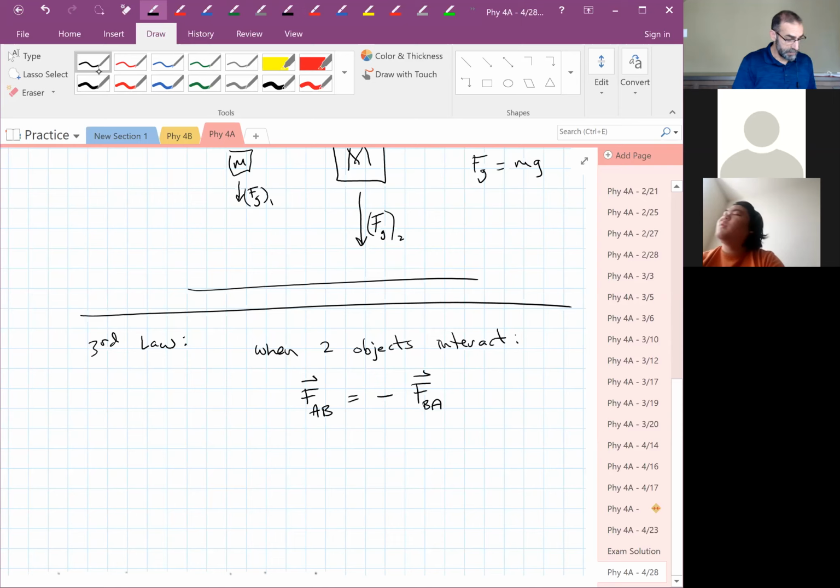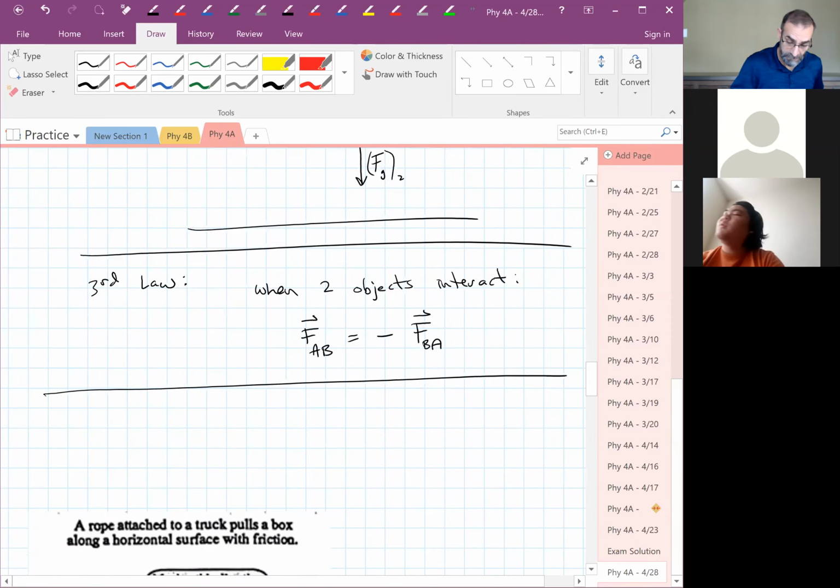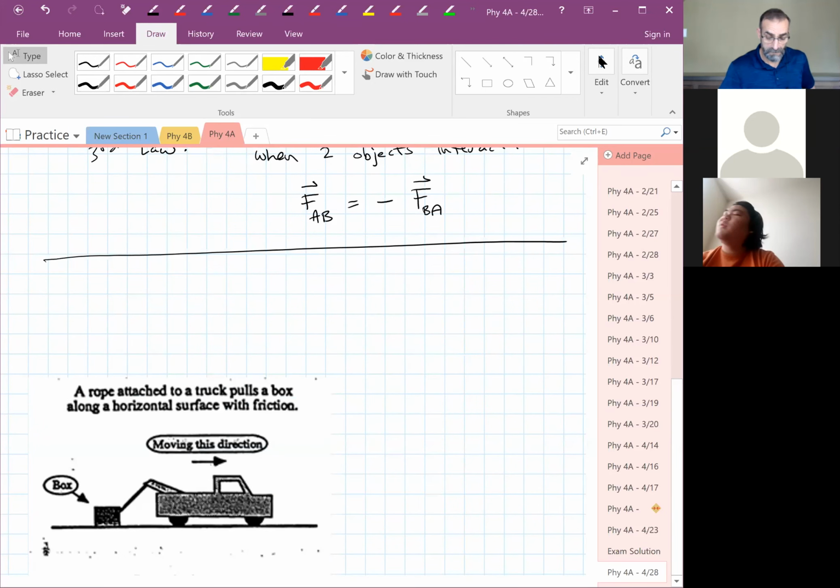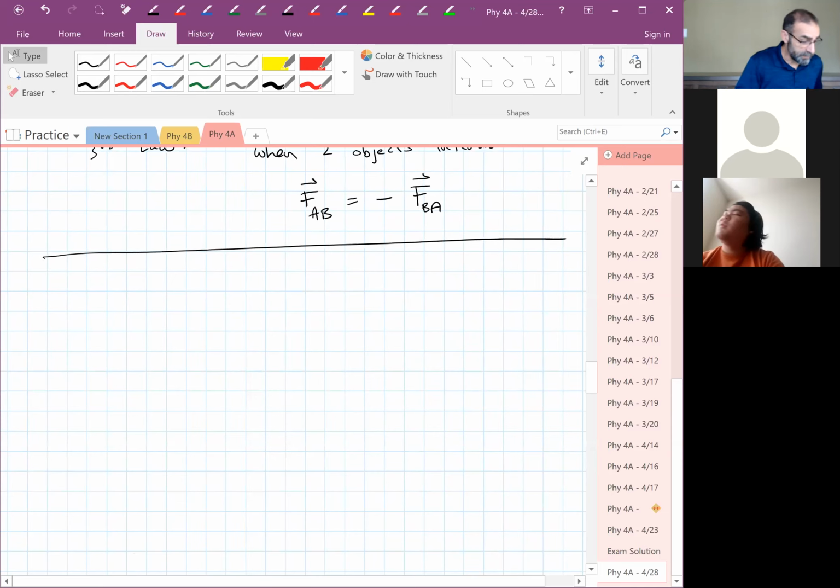All right, let's take a look at this situation. Have you draw some free body diagrams. So we've got a couple of blocks here. Crates sitting on the floor.